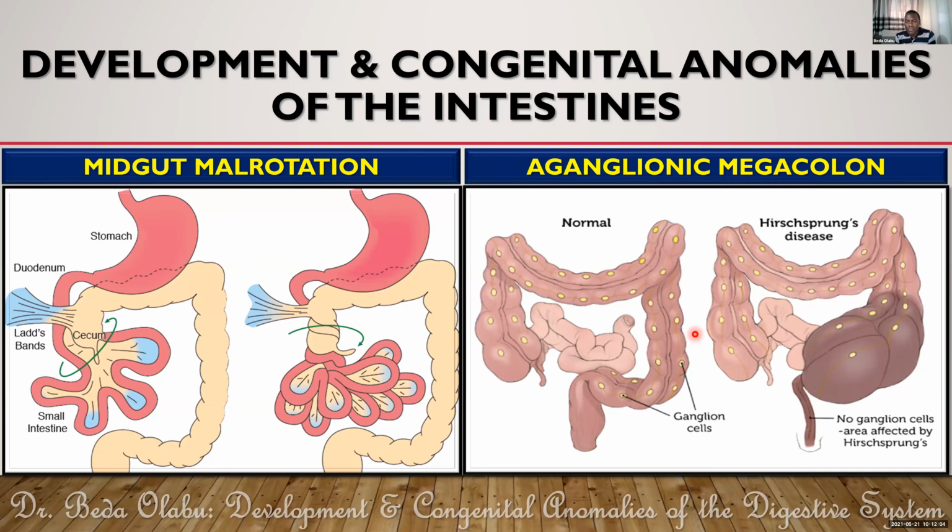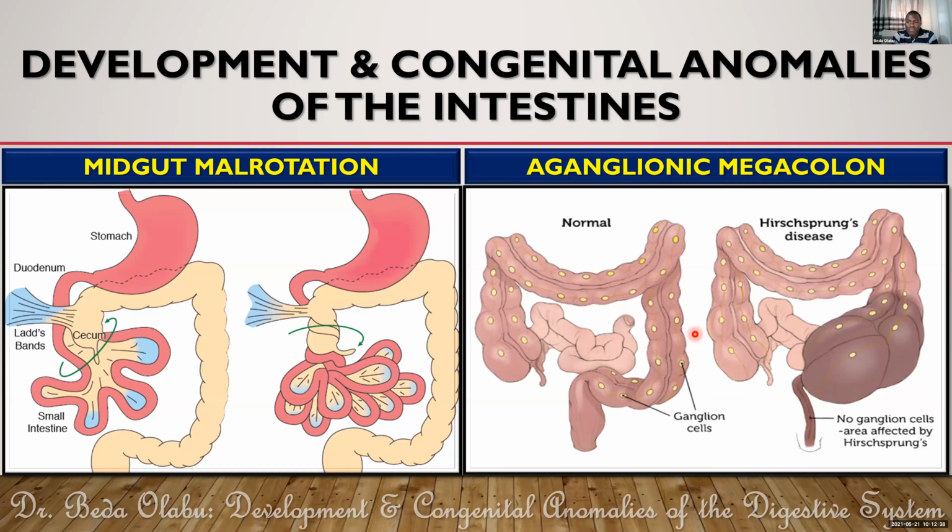If the rectum and perhaps sigmoid colon don't have nerves, what happens when this baby feeds? The food will go all the way down, but when it reaches those segments, there is no peristalsis, so the food cannot go through those segments. Let's say the rectum. Food cannot go through the rectum because the rectum cannot experience peristaltic activity. What's the result?